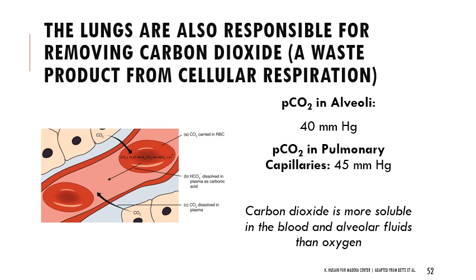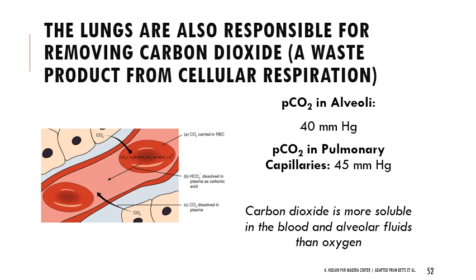The lungs are really important for removing carbon dioxide as well. When you inhale, the goal is to bring in oxygen, but when you exhale, it's very important to get rid of carbon dioxide, which is an important waste product from cellular respiration and also an important regulatory component, as we saw earlier. The partial pressure of carbon dioxide in the alveoli is 40 millimeters of mercury.